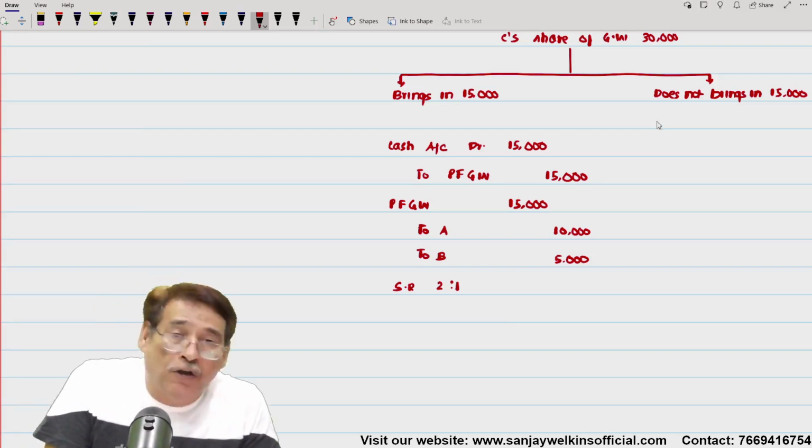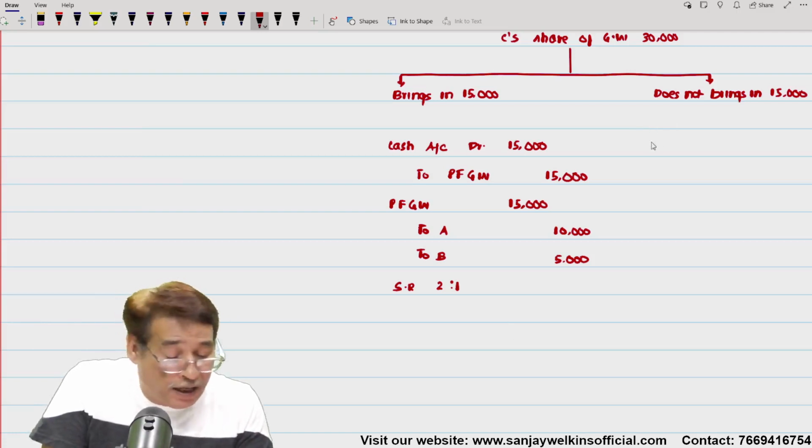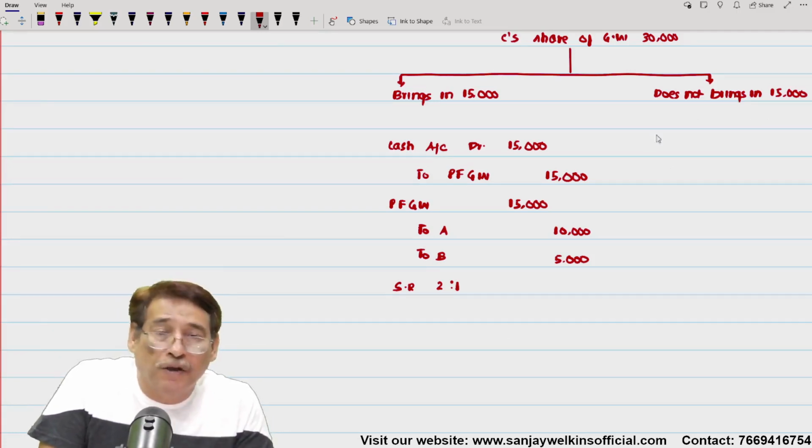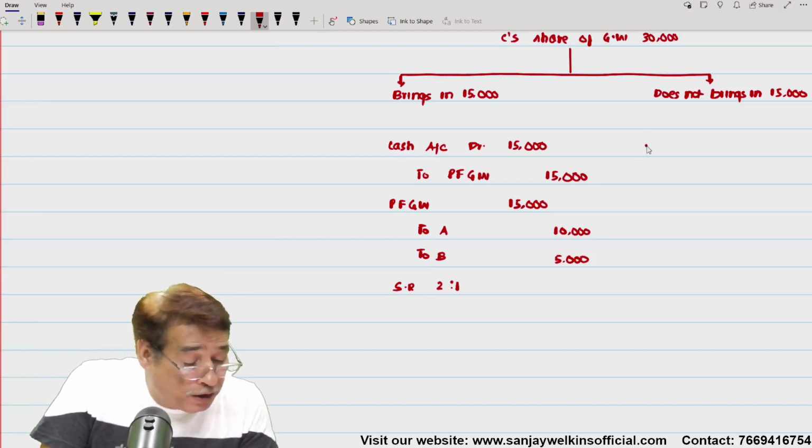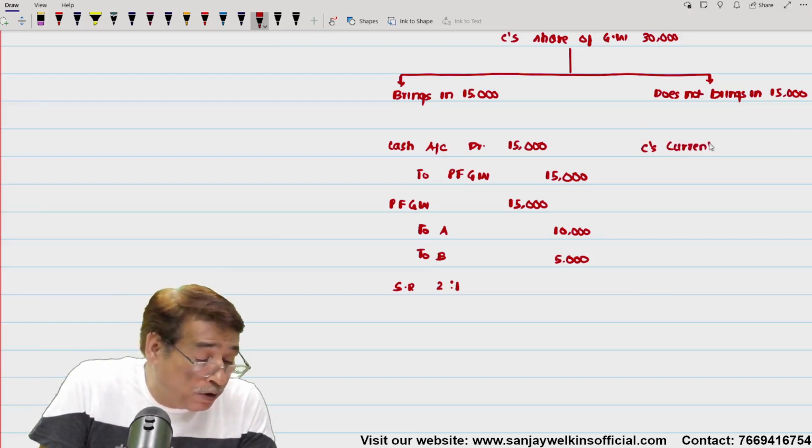Now for the portion which he could not bring in, I told you we cannot pass the entry cash account debit to premium, because he is not bringing in the balance 15,000 of his share. So for this, we are going to debit his current account. C's current account debit. It is better to debit the current account.